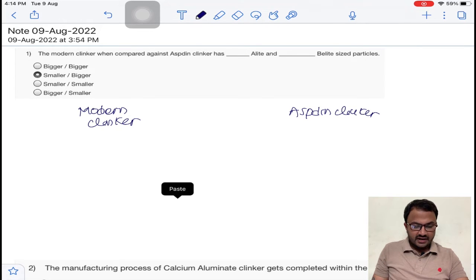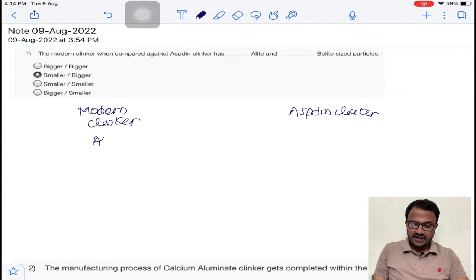In modern clinker, generally nowadays, we want the strength of concrete in later stages, not early strength. Early strength is because of more heat of hydration. So we want the strength of concrete in later stages, that is, after complete construction, after a few days.